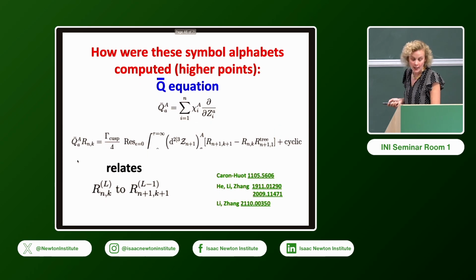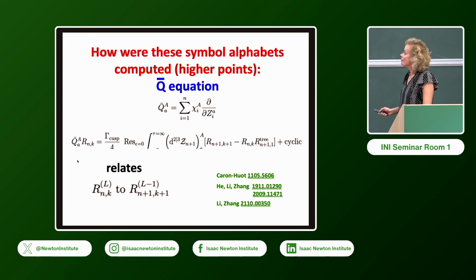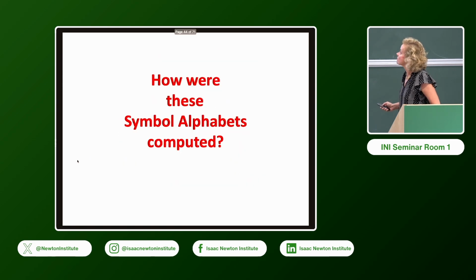And then for higher points, maybe this is a little bit too technical, but I just want to emphasize over and over again that these are not just results I'm flipping through, but there's a lot of hard work, something called the Q-bar equation, which relates the L-loop amplitudes to L-1 loop amplitudes, starting from Caron-Huot to the most recent work by Song He and students. So that's how these results were obtained.